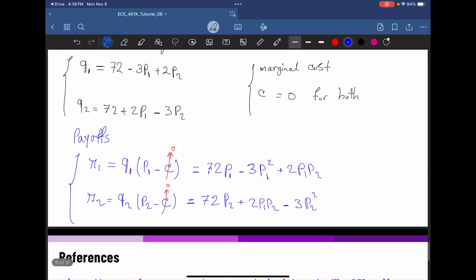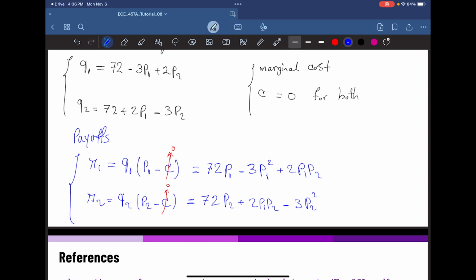Now what we need to do is to use the first order optimality condition. So that would be taking the derivative of the payoffs with respect to the prices, P1 and P2, not the quantities. Take a derivative of payoffs with respect to prices.